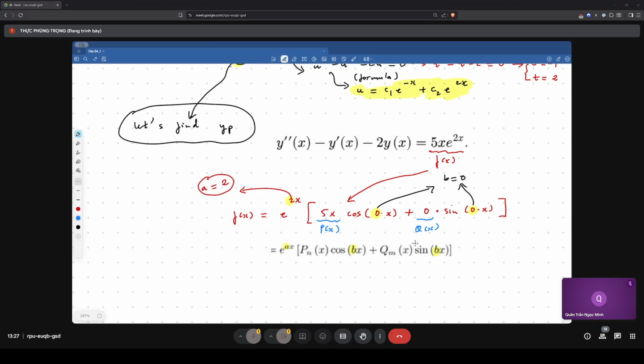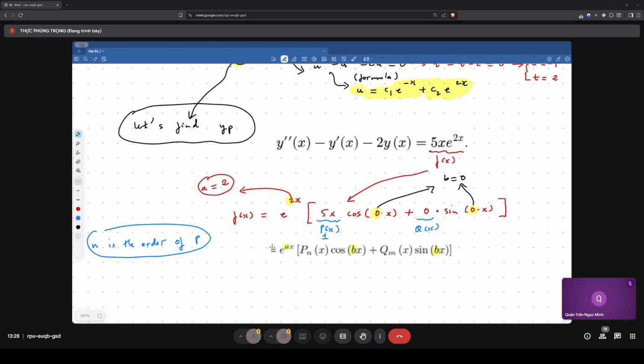What are n and m? n is the order of p. p right here is a polynomial, and you know what the order is. Right here in our example, φ(s) is a polynomial of order 1. So n is the number 1. So I write 1 right here.